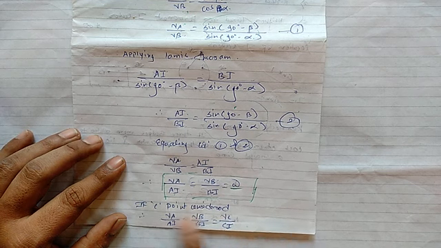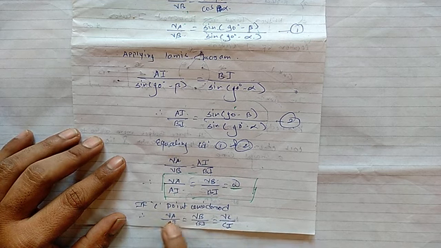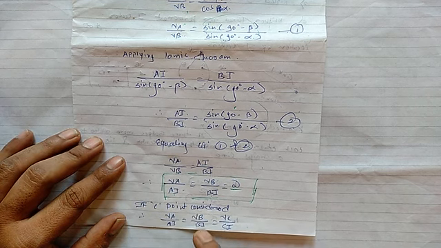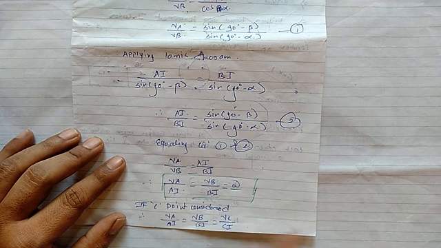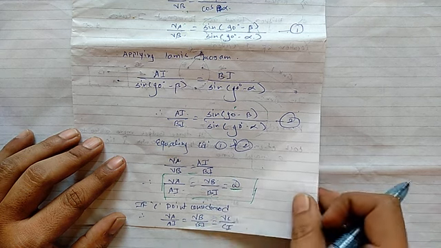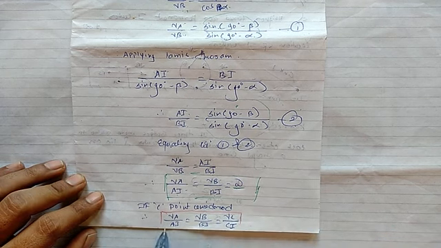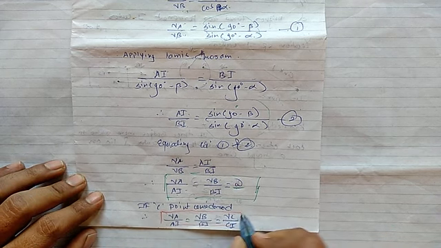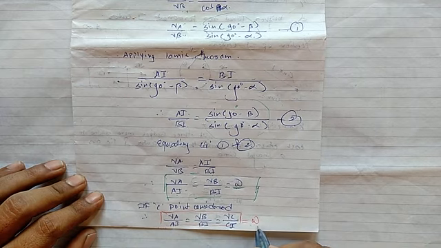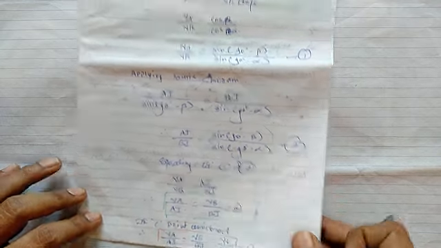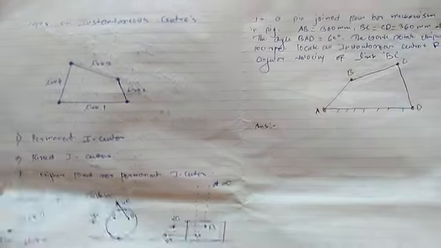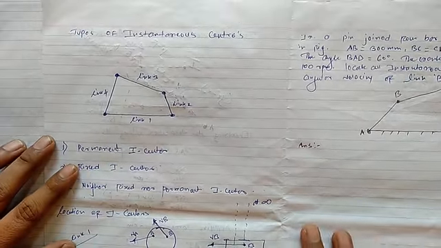If point C is considered, VA upon AI is equal to VB upon BI is equal to VC upon CI, and this is equal to omega. This is the basic theory, and we always apply this relation in upcoming problems. Omega is nothing but angular velocity. Okay, got it?